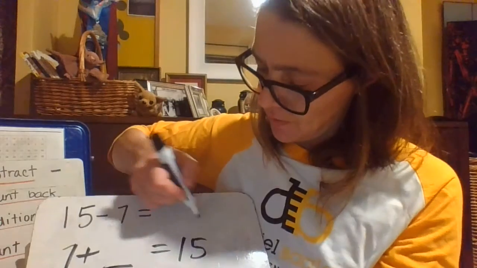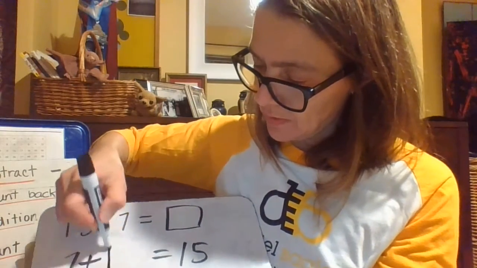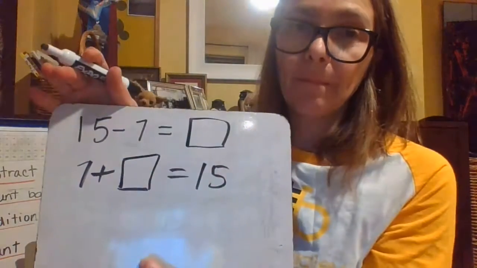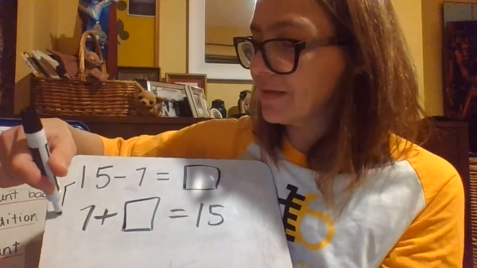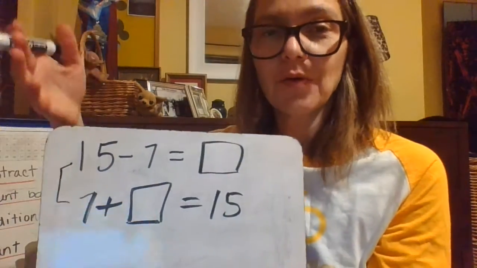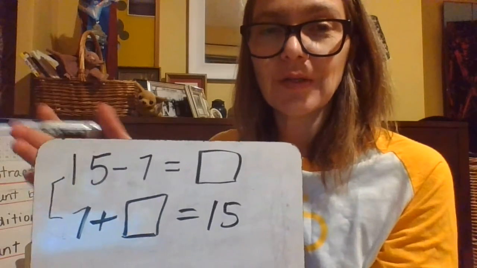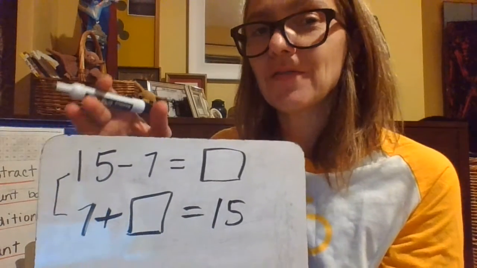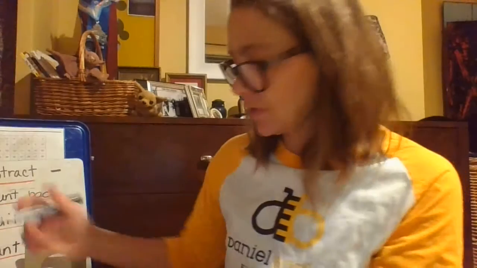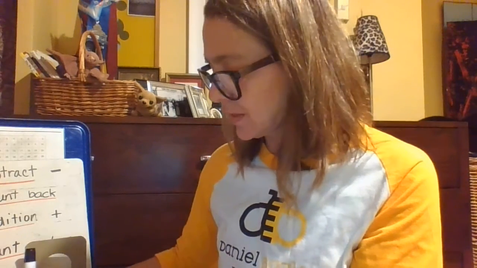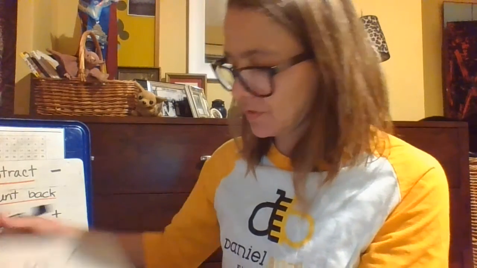So the answer here is going to be the same as the answer there because these are related. They are related just like you are to your brother or your sister, or your parents are related to you. They're part of a family. And the answer is going to be 8 in both cases. We can double check our work by counting up using a number line like we learned yesterday.